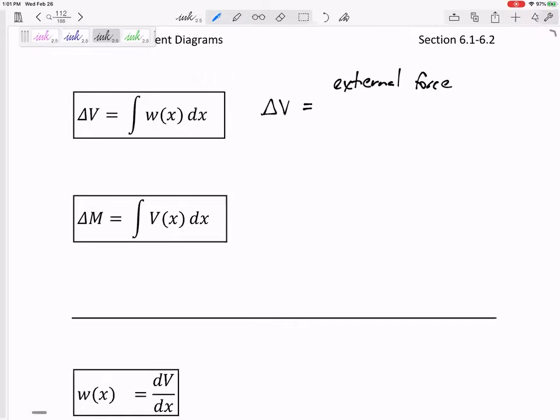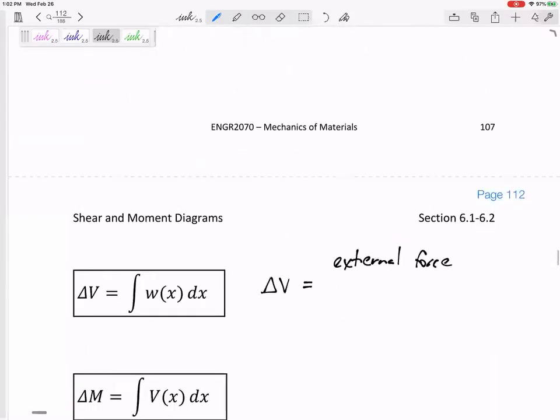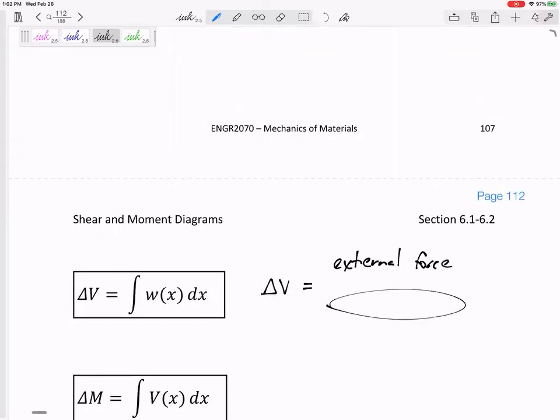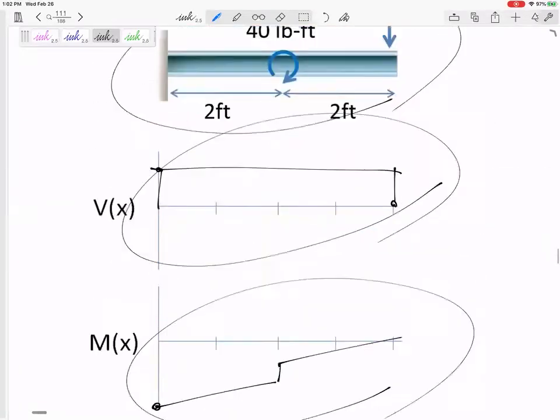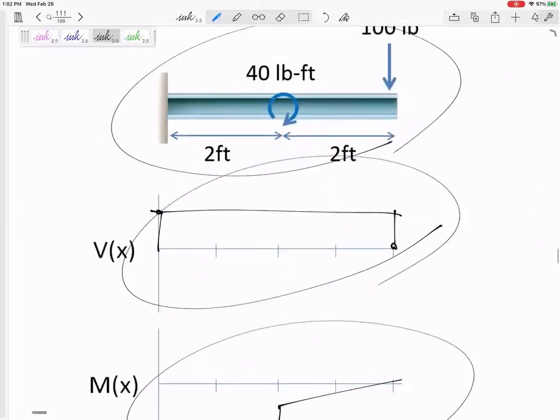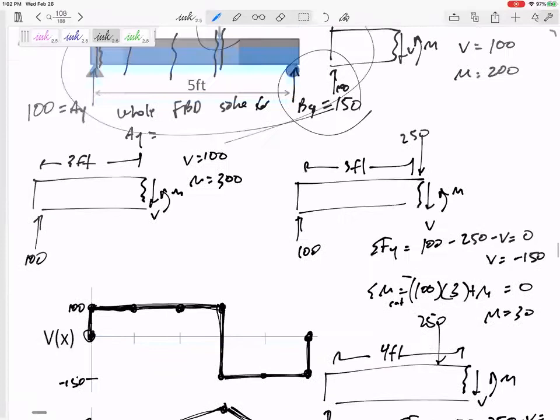Let's go back to see that. So two things, I'm about to write another thing that changes the shear diagram. But I think the easiest thing is a force just immediately pushes it up or down, the same direction. All right, well, let's go back to the one that we did right here.